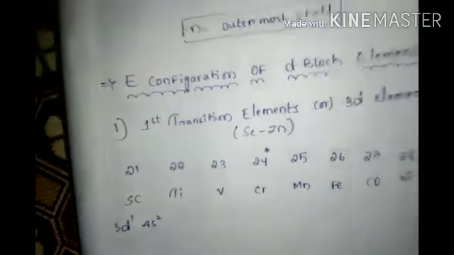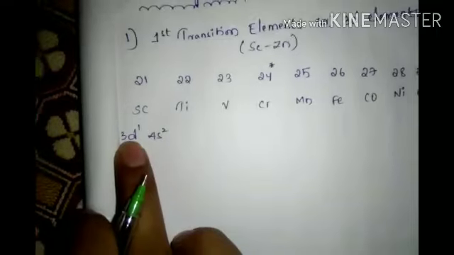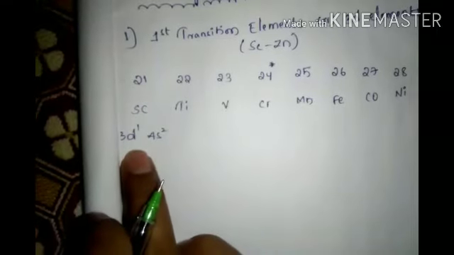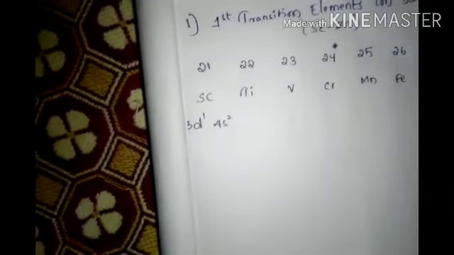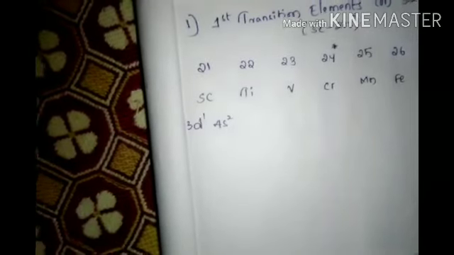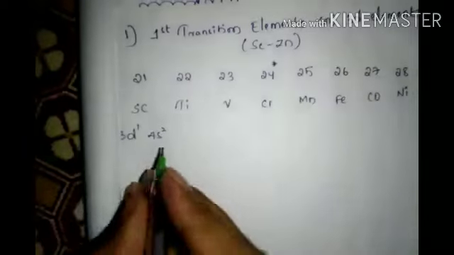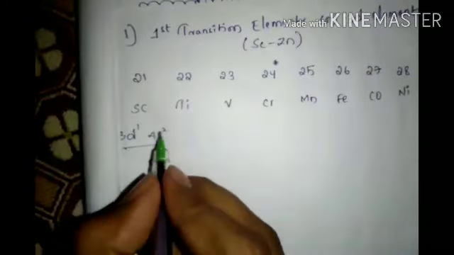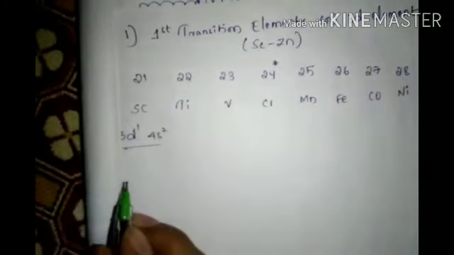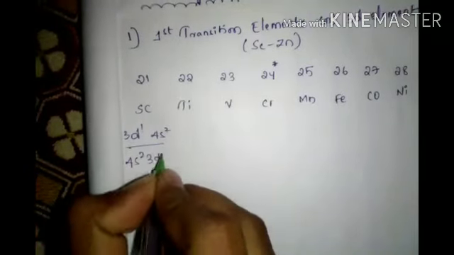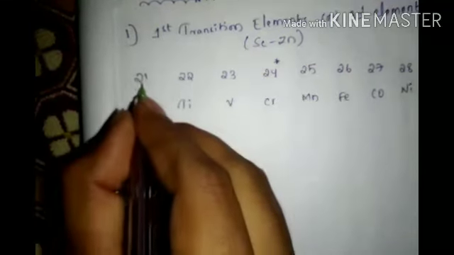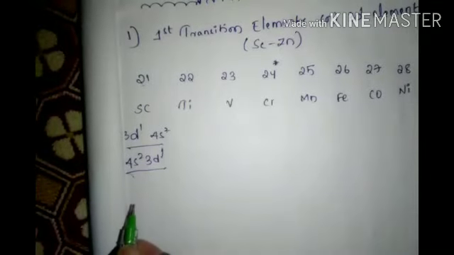You can write first this, second this, not a problem. 4s2 3d1 is element 21. Both are the same.